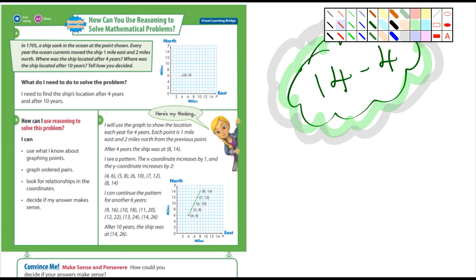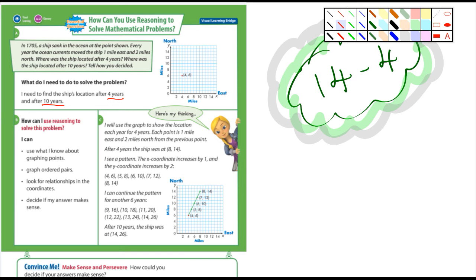So then it says, where is the ship located after 4 years? Where is the ship located after 10 years? Tell how you decided. So what do you need to find to solve the problem? You need to find the ship's location after 4 years and 10 years. I wouldn't say that's what you need to do. Oh, that's what you need to do to solve the problem, I guess.